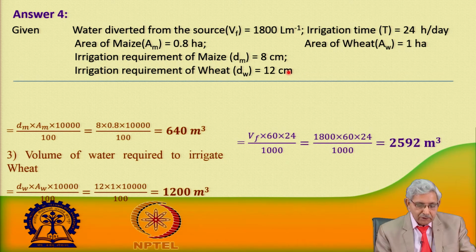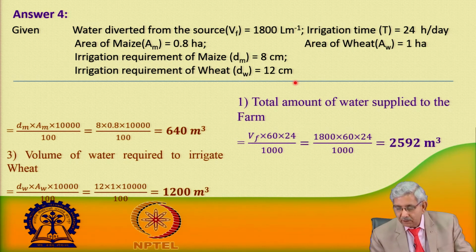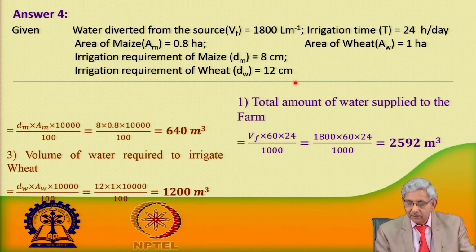First we will calculate the amount of water supplied to the farm. We are given 1800 liter per minute. So, 1800 into 60 multiplied by 24 divided by 1000.